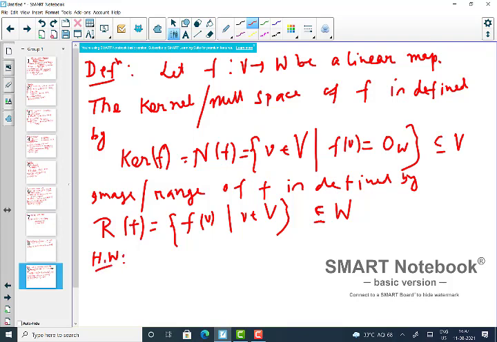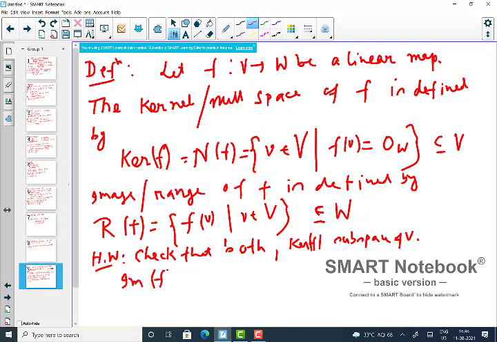Check that both the kernel is a subspace of V and the image or range, whatever, I can write this symbol also, image of f is a subspace of W. So you know how to check subspaces.